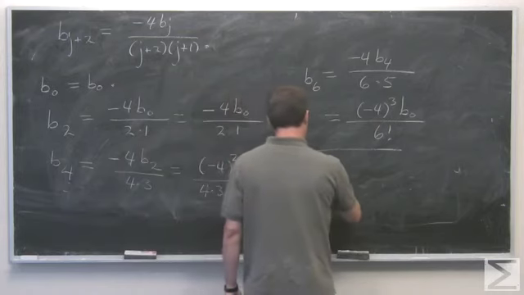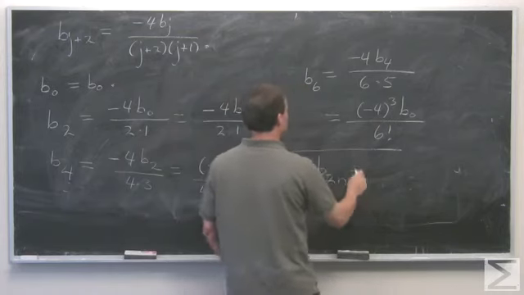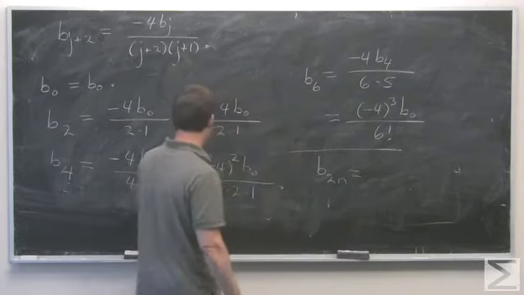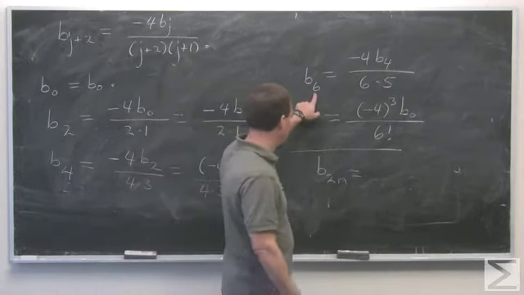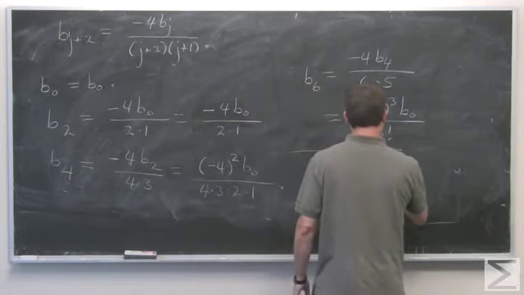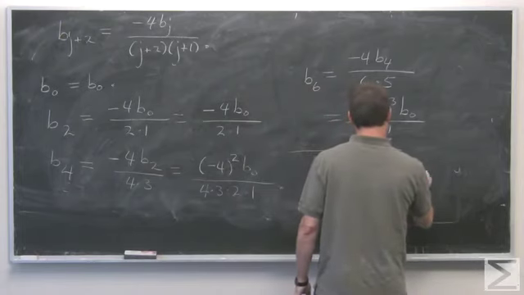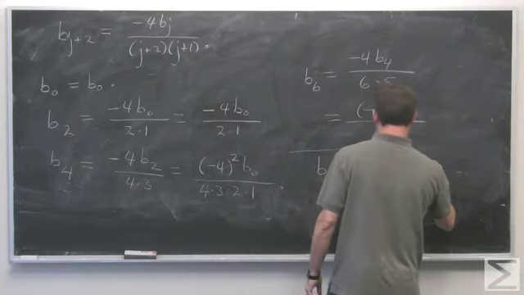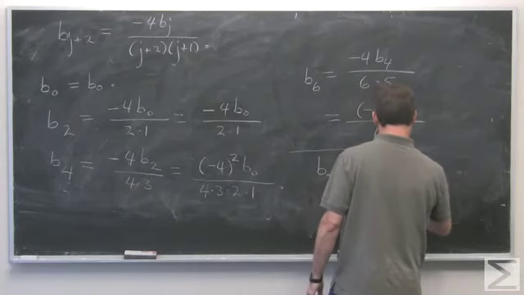We're getting that the even terms, so b sub 2n is, okay, it's a minus 4 to half of the index, so a minus 4 to the n times b naught over 2n factorial.